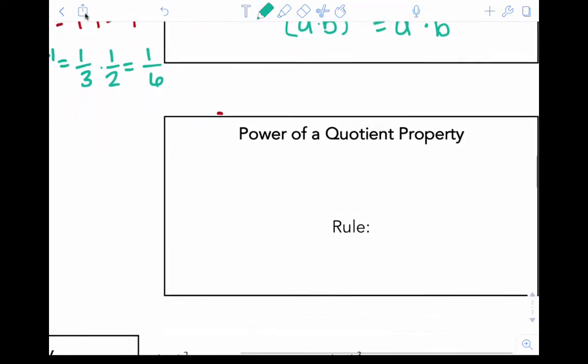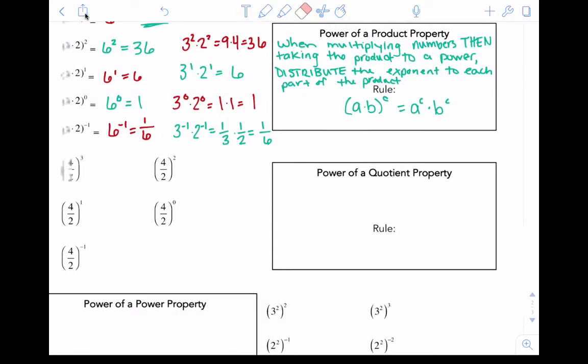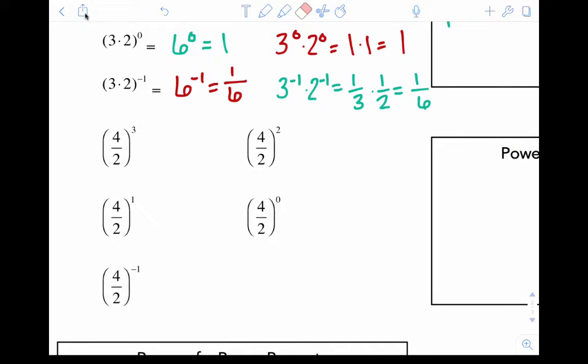All right, moving on to power of a quotient. Just like the properties from the front page of this note guide, the power of a product and power of a quotient properties are going to be pretty similar. So looking at this one, I have 4 over 2 to the third.